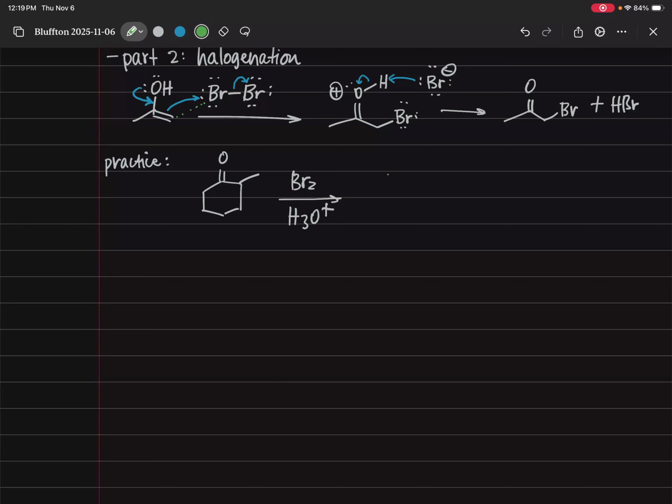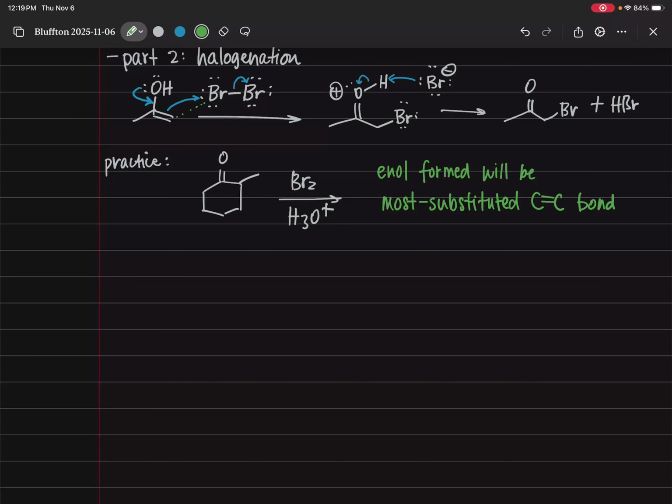Tip here. When you're going to form the enol in the first half of the mechanism, you'll have two options.